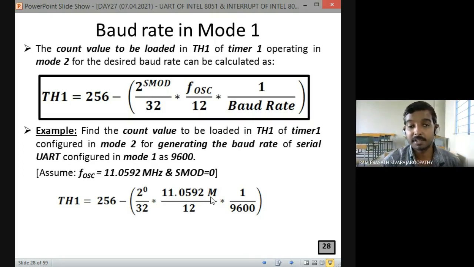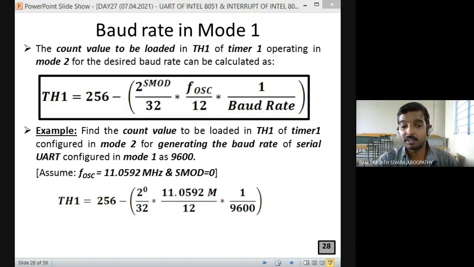Please calculate quickly and tell me what value comes. See, even if we do not remember this formula in general, we can use it like this. The very first step is FOSC divided by 12. 11059200 divided by 12. What about the value for this? 921600, I hope so.